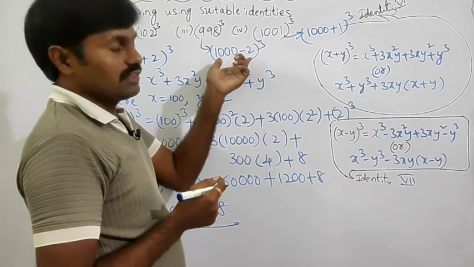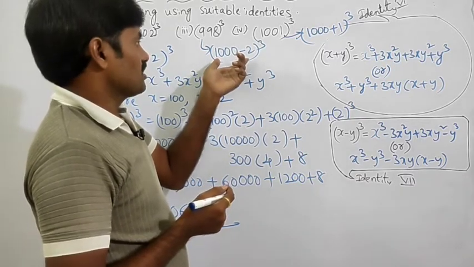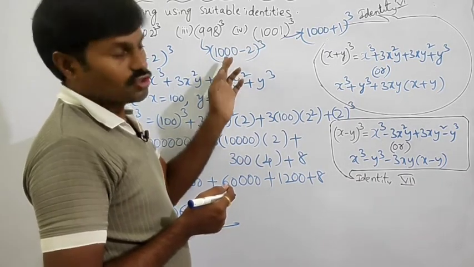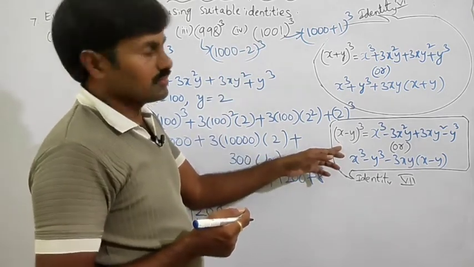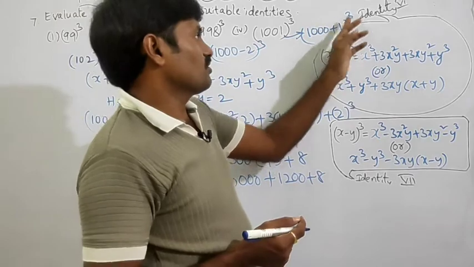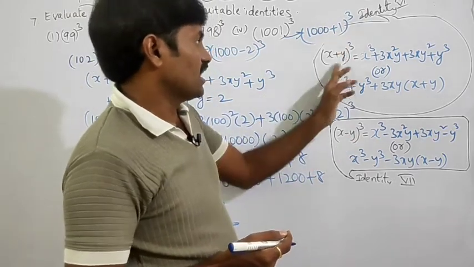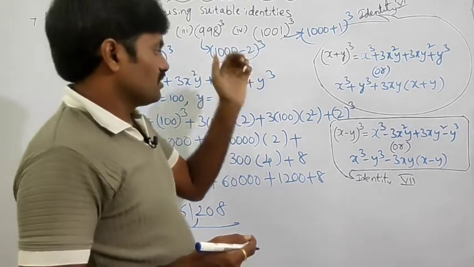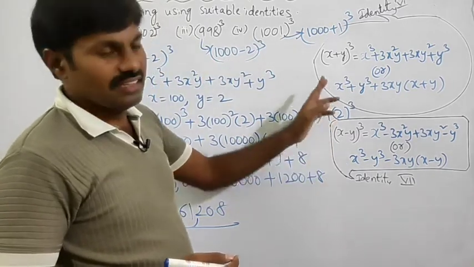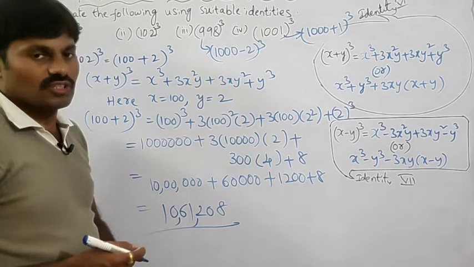To evaluate 1000 minus 2 whole cube, the identity is x minus y whole cube. To evaluate 1000 plus 1 whole cube, the identity is x plus y whole cube. You substitute these values in the suitable identity and simplify like this, and you will get the answer.